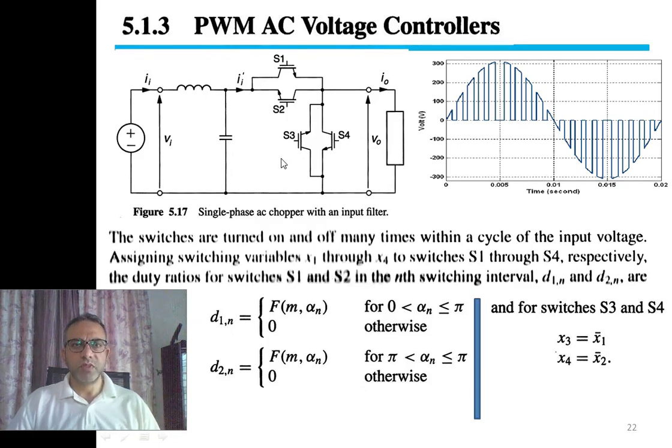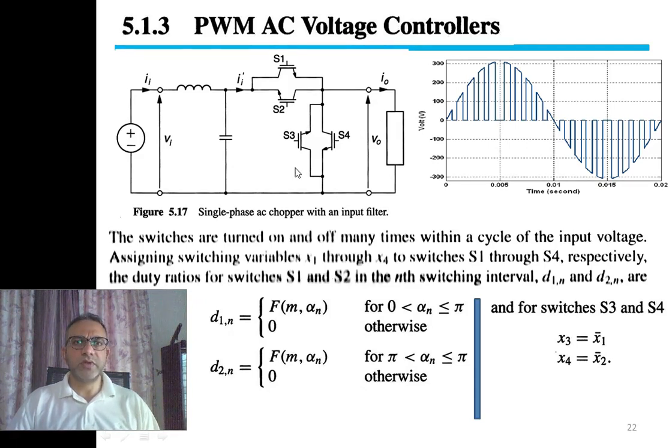Then we see four power electronic switches, namely S1, S2, S3, S4. Let us talk about the location of these power electronic switches. Power electronic switches S1 and S2 are connected in anti-parallel connection, and S1 and S2 are connected in series with the load.